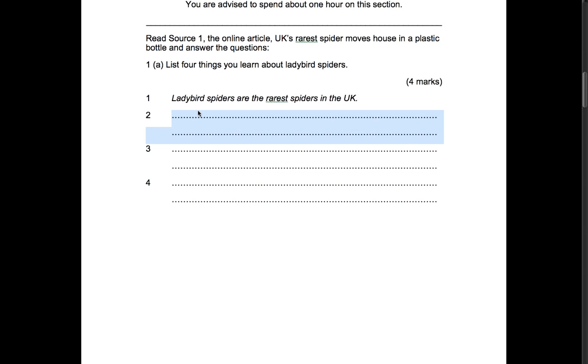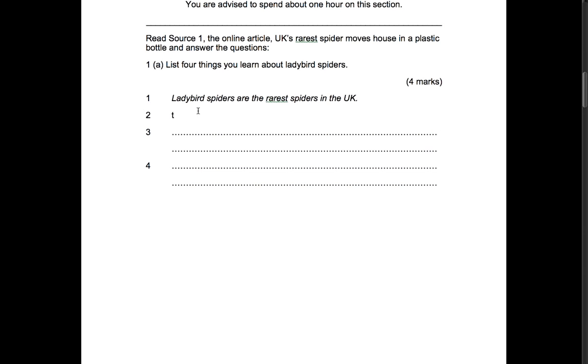So I'll just put something like, the spiders are the most colourful. And what I'd aim to have is 4 ideas, broadly that kind of length. So we'll do one more.